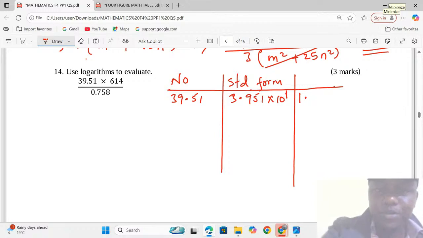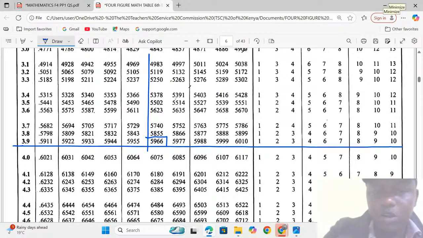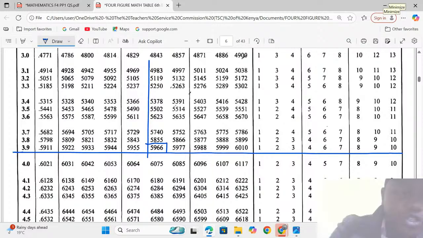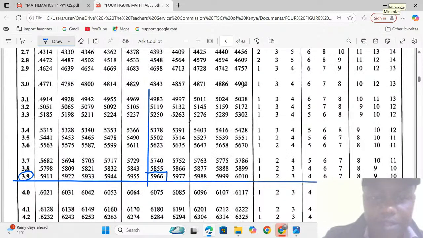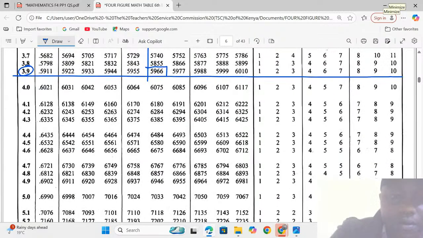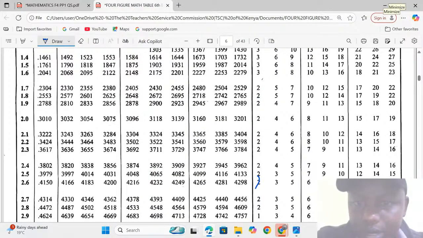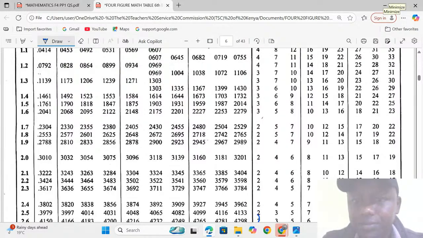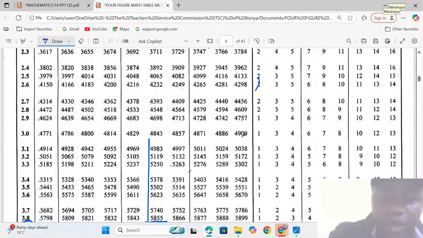So now we are supposed to check the log of 3.951. The log of 3.9, we go to 3.9 and we identify that row. Then at 5, we identify the number there. Then the other one is at 1 on the addition part, we check the column that has 1.